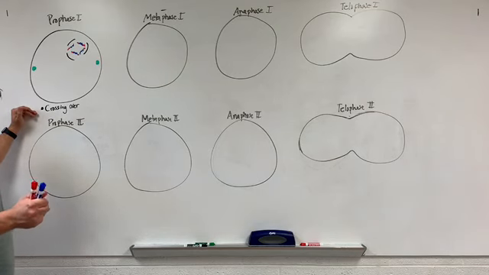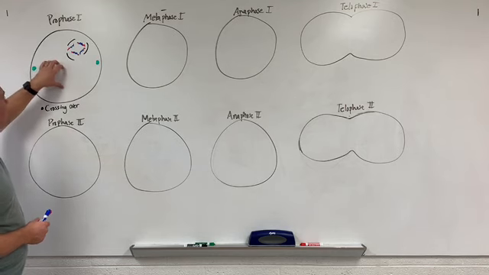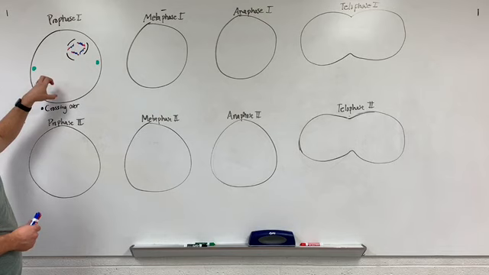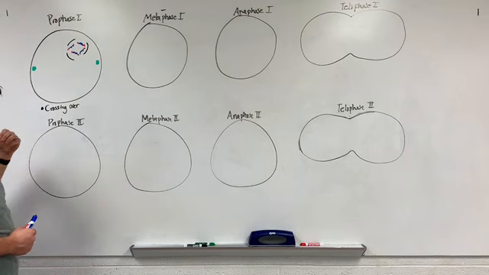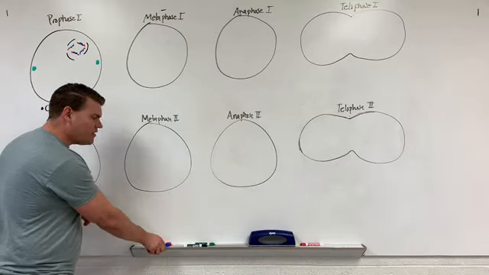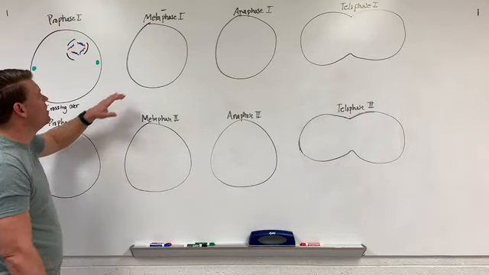So that's the main difference between prophase in mitosis and prophase 1 in meiosis: crossing over takes place and we mix up all that DNA so that we can create genetically unique daughter cells. Other than that, the other things happen just the same.